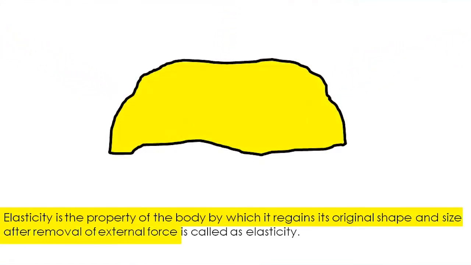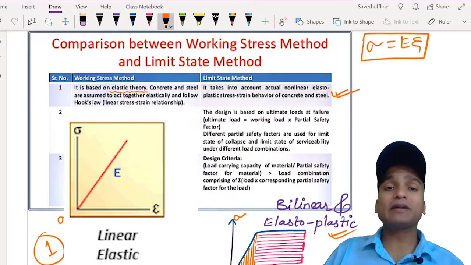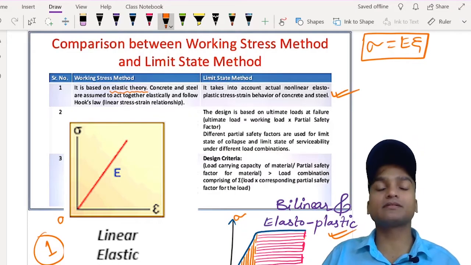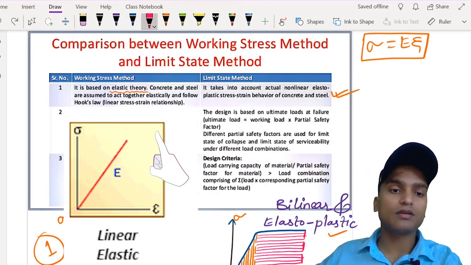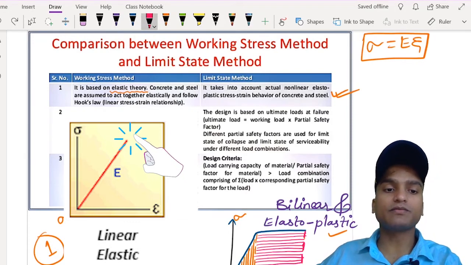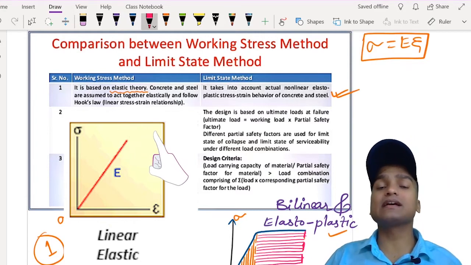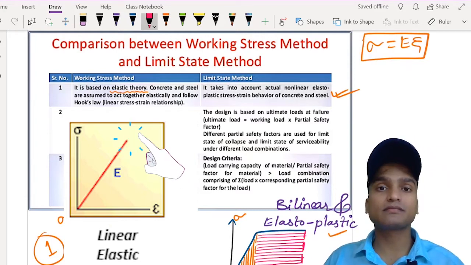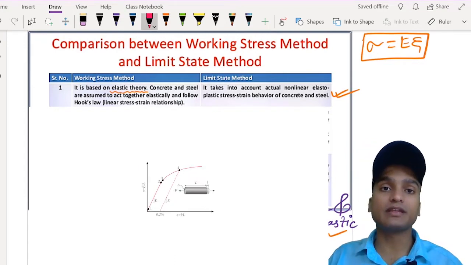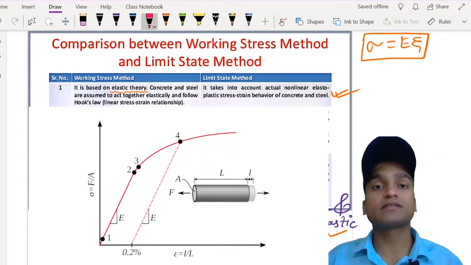Such a material is elastic. But every material has a limit for elasticity. This is the elastic limit for this material. But if we cross that elastic limit, then what happens? The material will start behaving in an elastoplastic fashion.